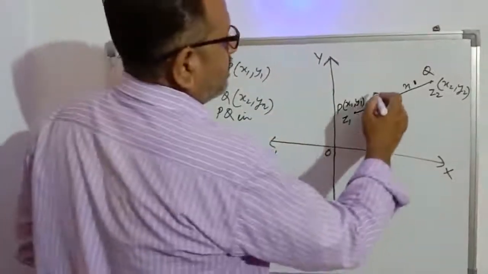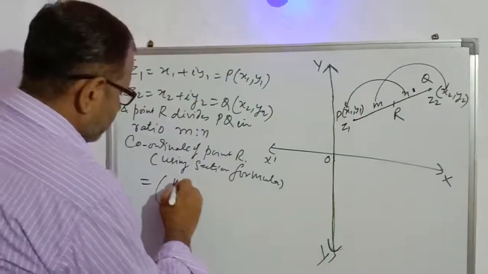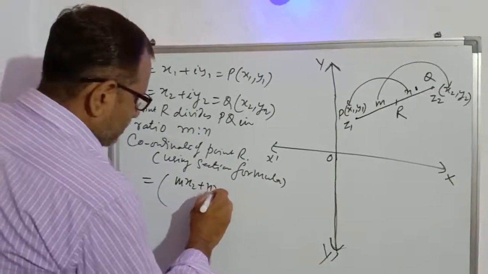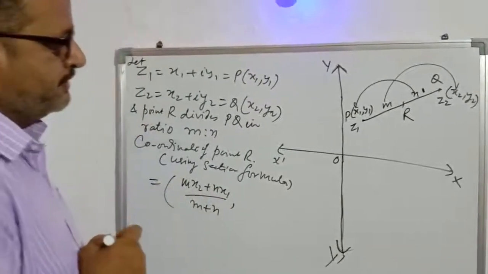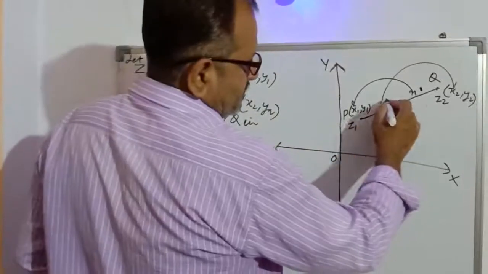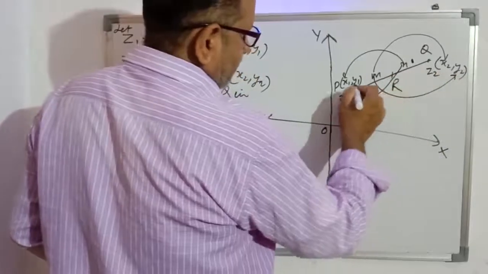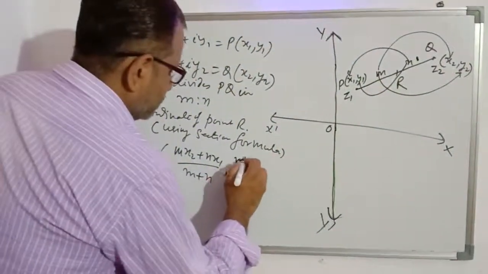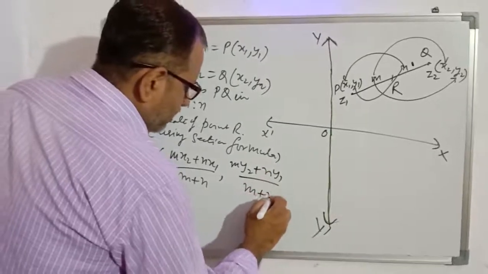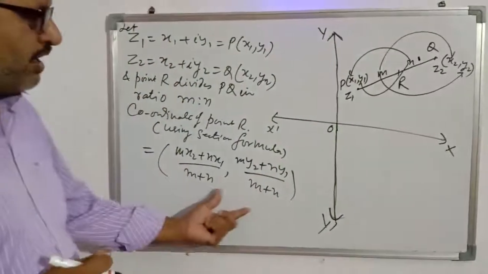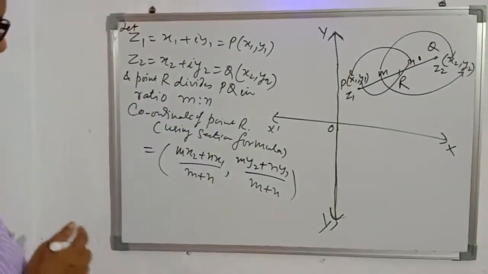We write the x coordinate as (m x2 plus n x1) upon (m plus n), and the y coordinate as (m y2 plus n y1) upon (m plus n). So this ordered pair represents the point R.